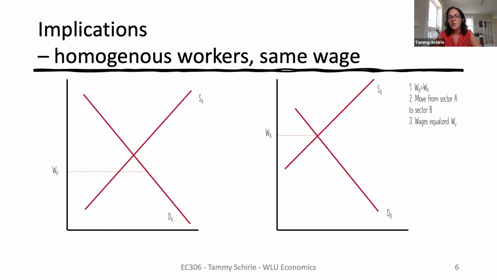So they're going to move over to the other sector to seek out those higher wages. They're going to leave Sector A. That's shifting over their supply there. Now they're going to move over to Sector B, so supply has to shift right over there in our diagram. And as people move around and make themselves available in both sectors, the wages will adjust and eventually become equal in sectors A and B.